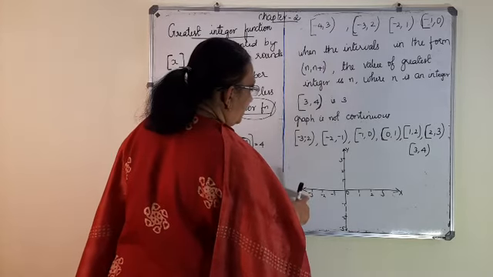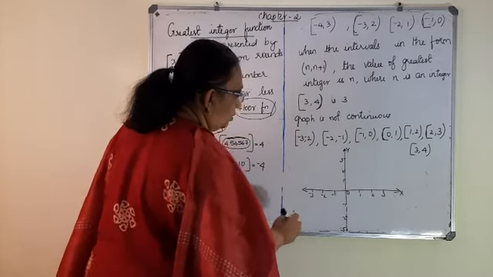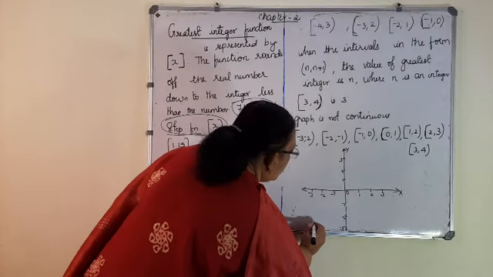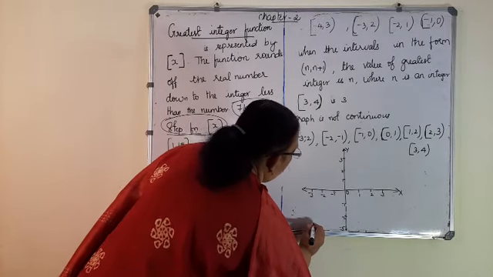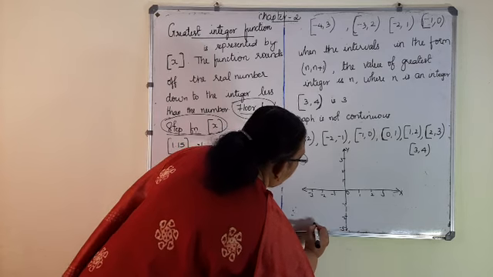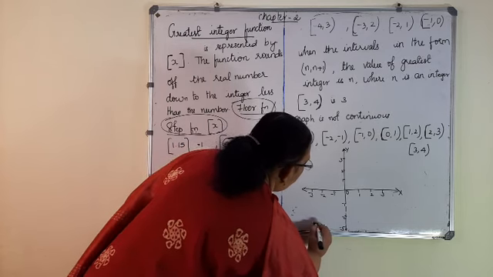For -3, -2, -3 is included but -2 is not included.